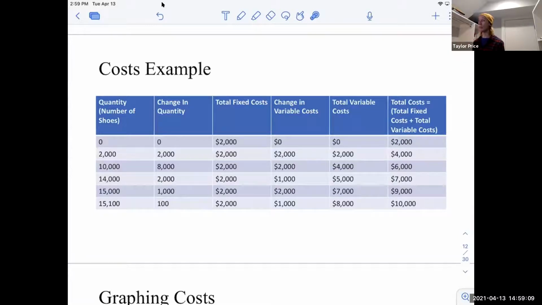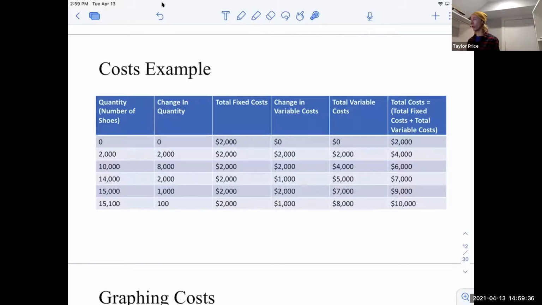You pay $2,000 whether you produce 0 or 15,100 of that item. Variable costs change based on how much you produce, moving from $0 at 0 quantity to $8,000 at a quantity of 15,100.